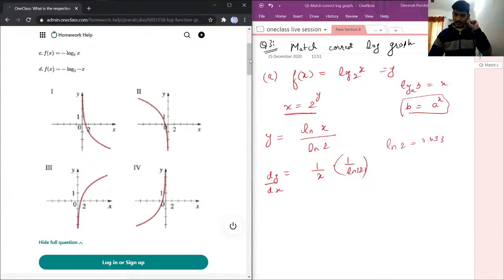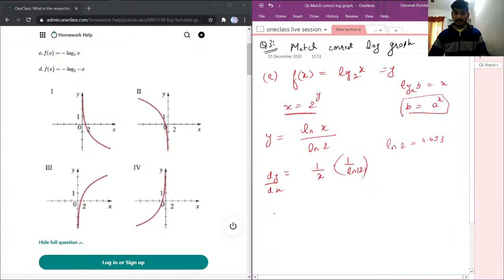What I should do is take the value of y as 1, and let's see if x is positive or negative, because if I put y as 1 and my x comes out to be positive, then it will be graph number 3. If x comes out to be negative, then it will be graph number 4.